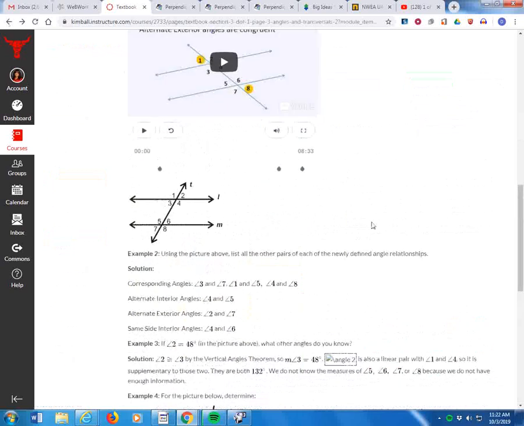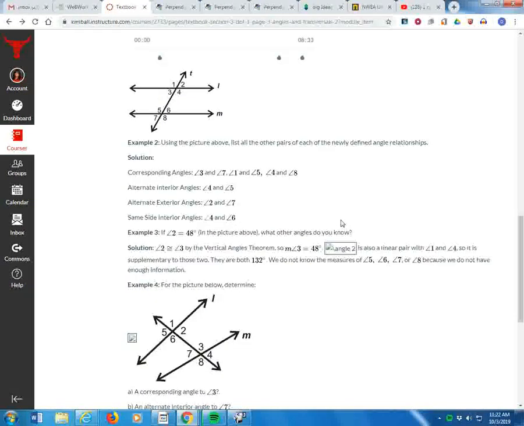So this is the relationship. Corresponding angles, alternate interior angles, alternate exterior angles in a parallel system, so if it's parallel lines with the transversal, are all equal to each other. I'll say that again. Corresponding, alternate interior, alternate exterior are all equal to each other.